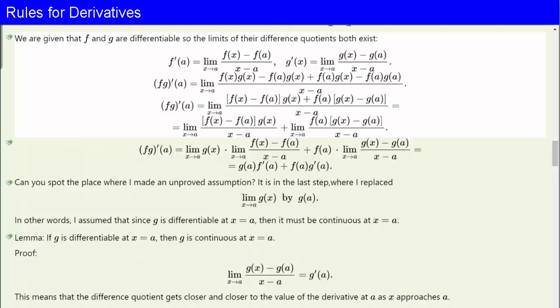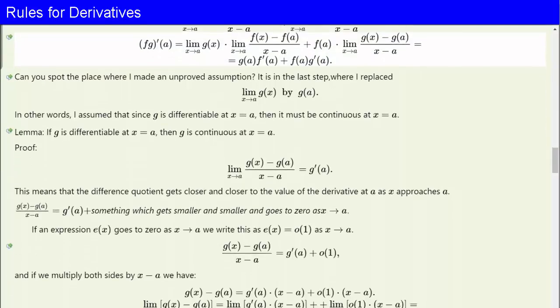Now we can collect terms, do some factoring in the numerator, and use the fact that the limit of a sum is the sum of the limits. And what you end up with is that fg prime at a is the sum of two limits. The first limit is the limit as x tends to a of the difference quotient for f times g of x. And the second limit is the difference quotient for g times f at a.